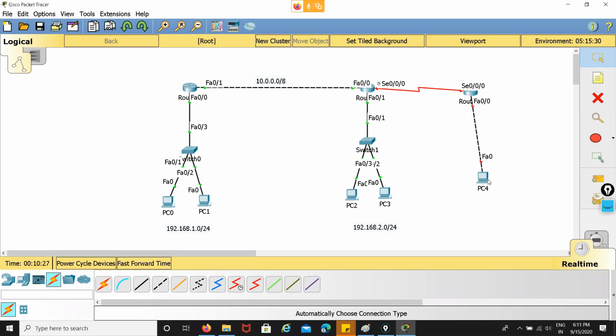Okay, guys, this is it. To do this configuration, I choose the network like this, /16.